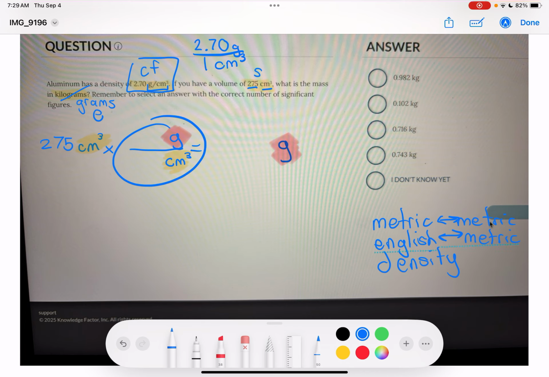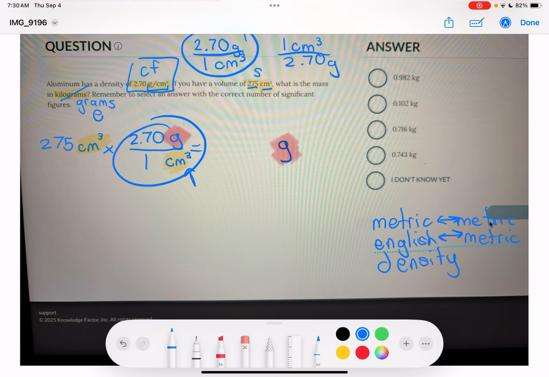And it's already in the form, upside down or right side up, that we need. You could also use it in this direction if you needed to. But since centimeters cubed is on the bottom, that's the one that we're going to use. So 2.70 over 1 centimeter cubed.